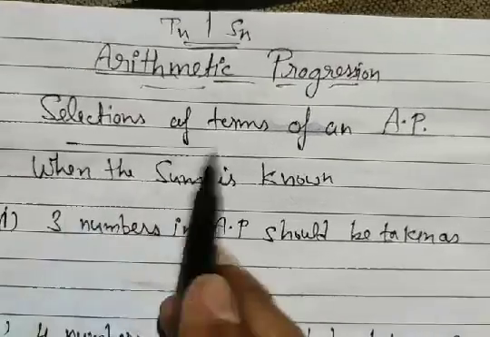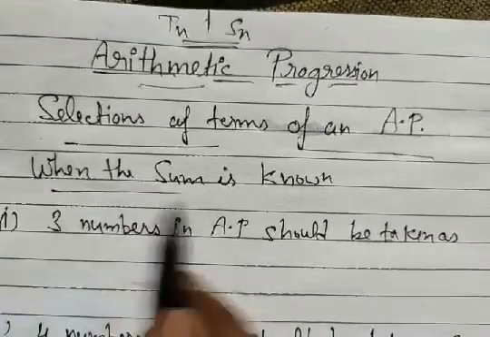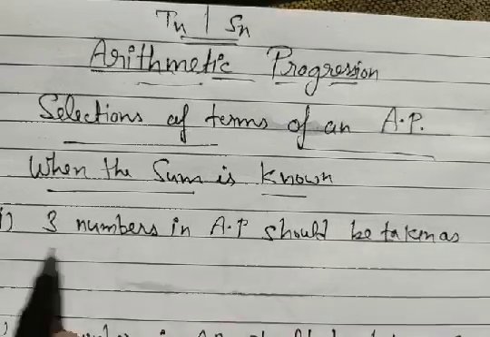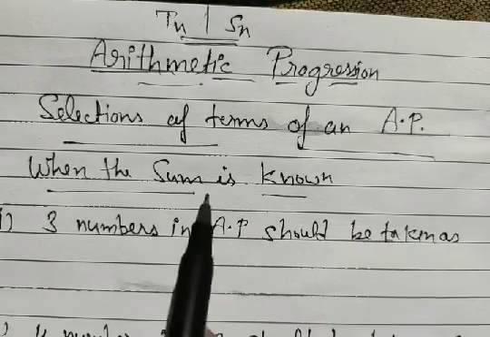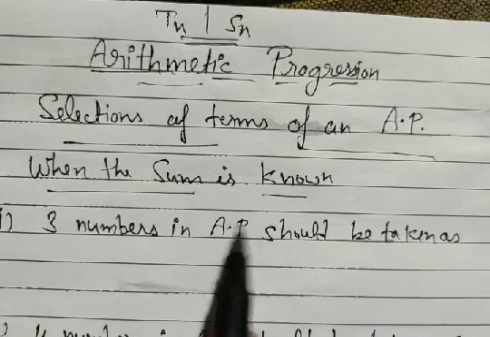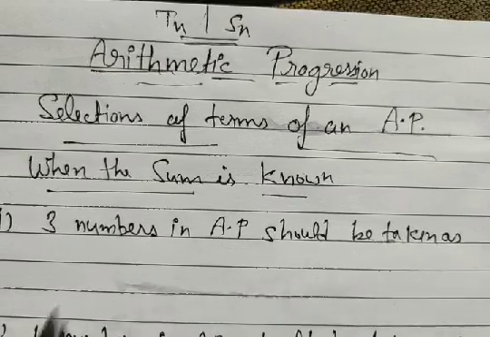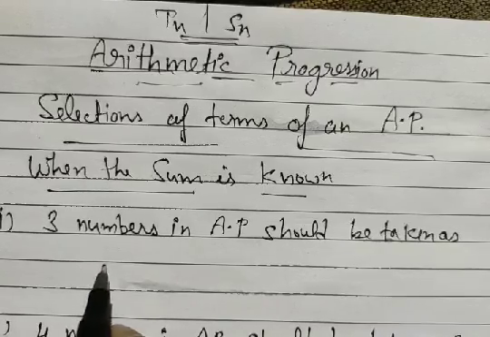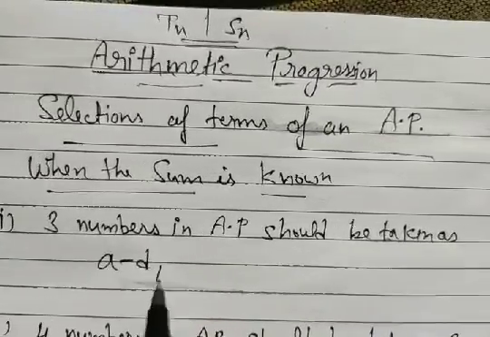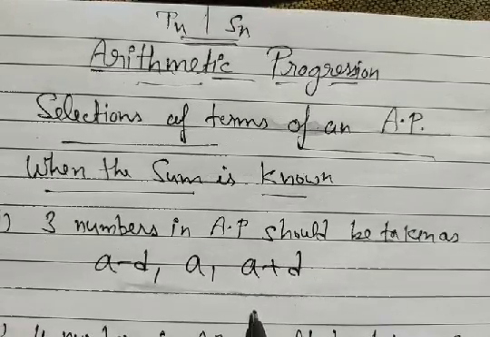What is the selection of terms of an AP when the sum is known, the sum of three numbers in AP? When the sum of three numbers in AP is given, then what should our terms be taken as? We take the terms a minus d, a and a plus d.